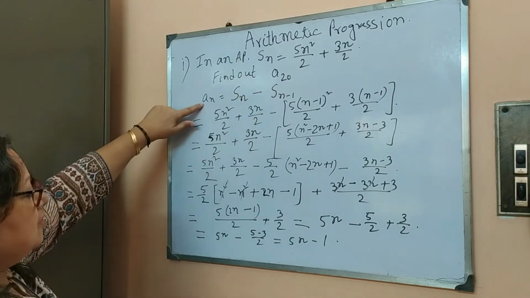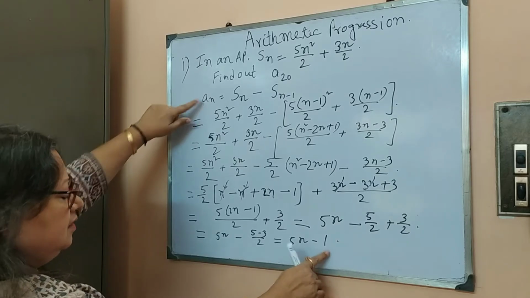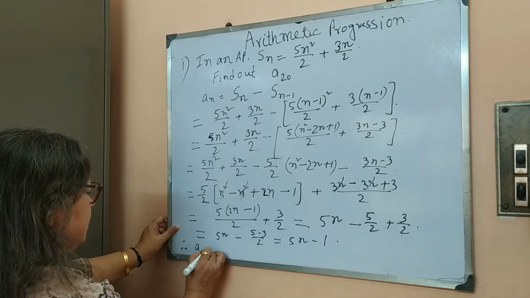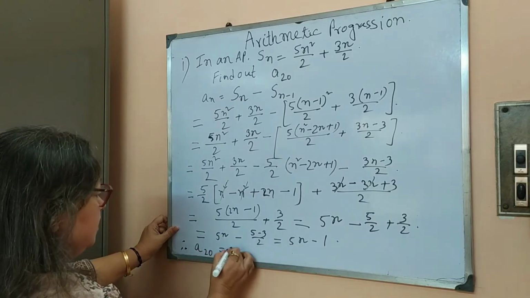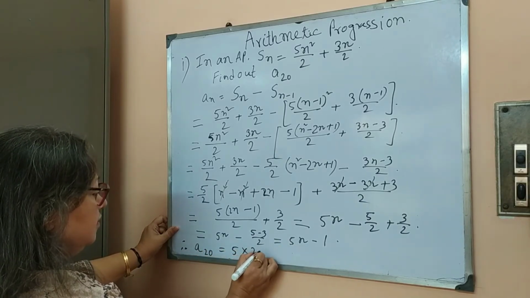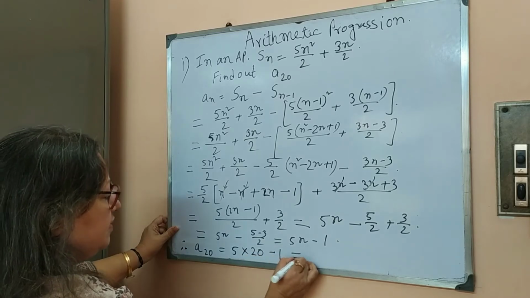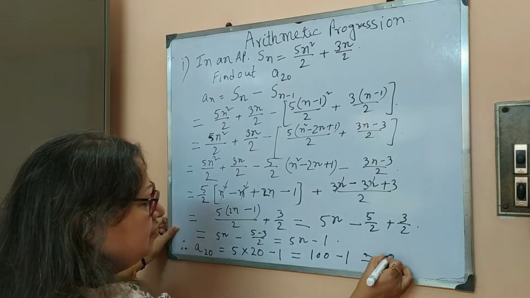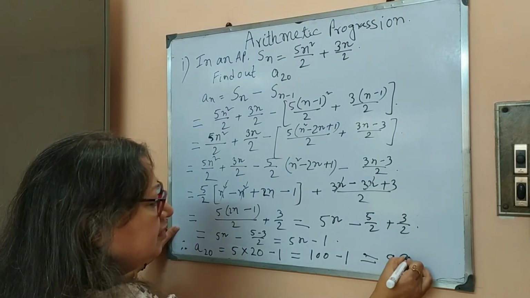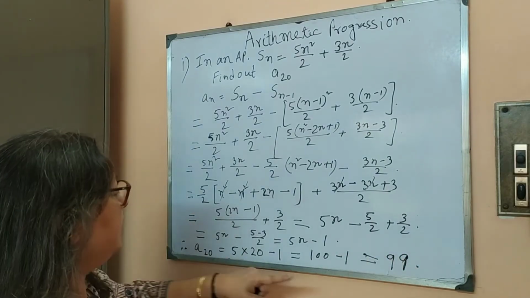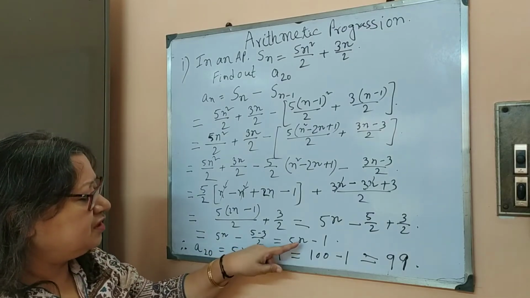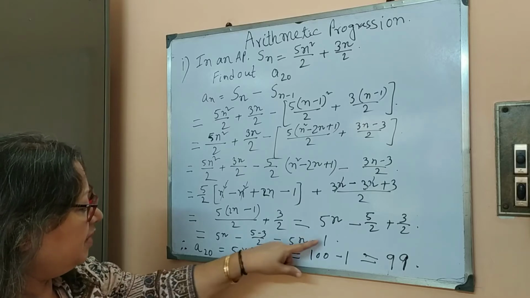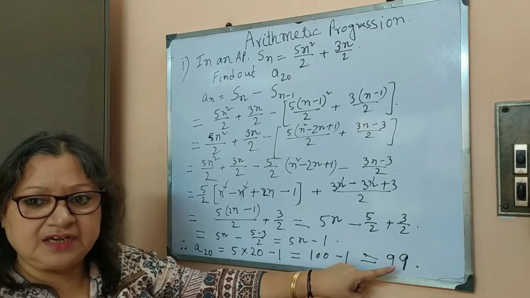So An is equal to 5n minus 1. Then A20 is equal to 5 into 20 minus 1, that is 100 minus 1 is equal to 99. A20 is 99. Okay, just put the value of n here.